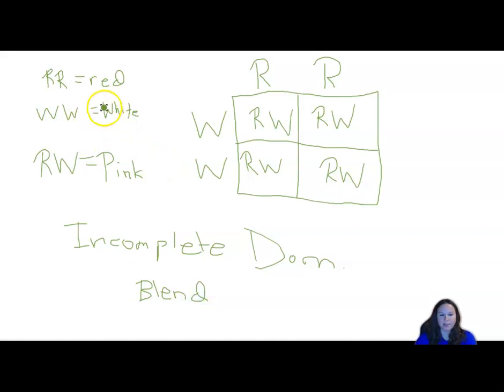Again, homozygous is when you have two of the same letters, like big R, or big W. And then heterozygous when you have one of each, R and W. So incomplete dominance, you get a blend. Now we can do some other variations on the same problem. All right, I'll clear that and let's try another one.